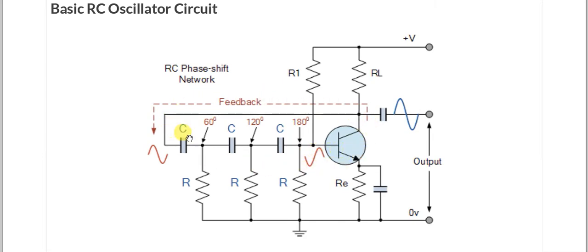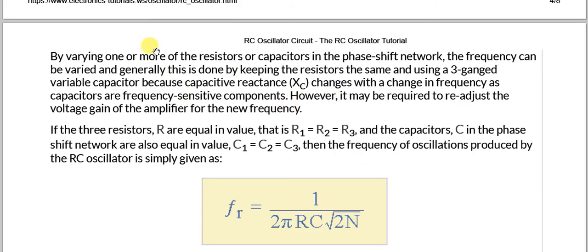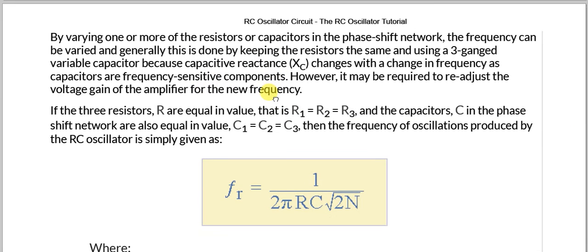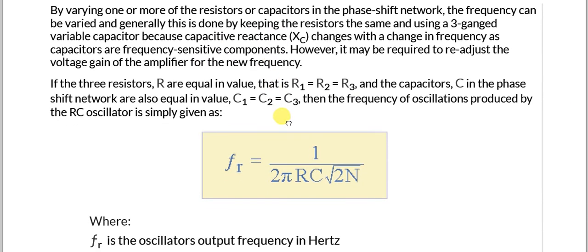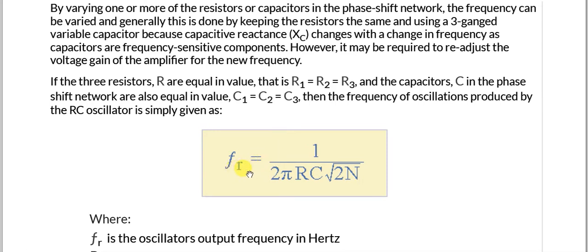The resonant frequency, the typical frequency of that RC circuit, is given by 1 over 2 pi RC square root of 2n, where Fr is the oscillator's output frequency, R is the feedback resistance in ohms, and C is the feedback capacitance in farads, N is the number of RC feedback stages.